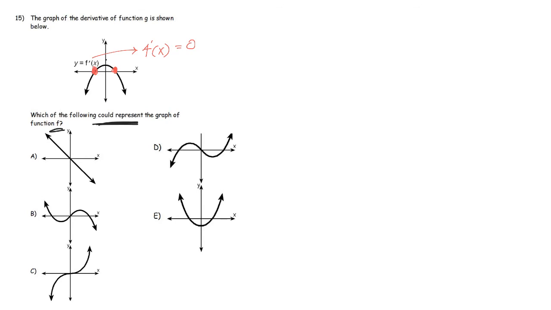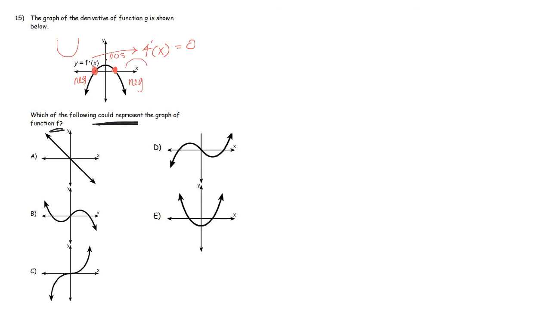So let's look at this. My derivative went from a negative to a positive. So in this region around this point, if the derivative went from negative to positive, then my function had to go from decreasing to increasing. And then on this other side, notice we go from positive to negative, which means I've got to have increasing to decreasing.